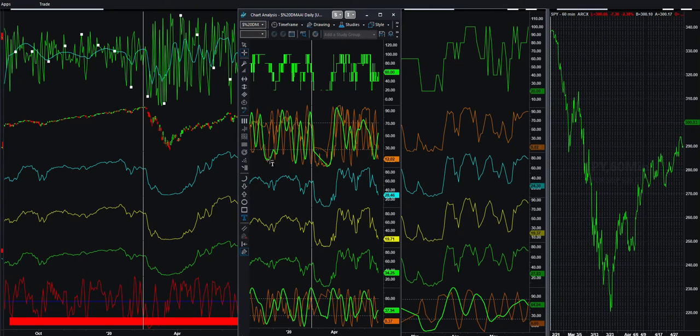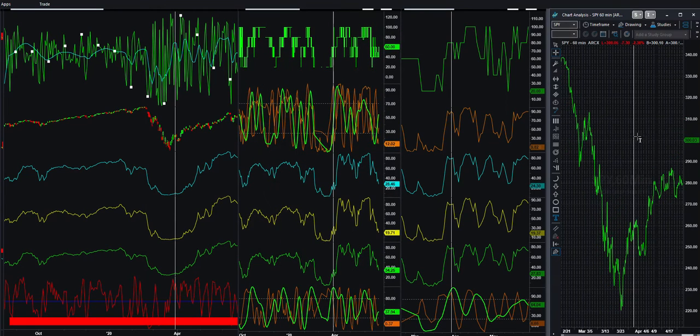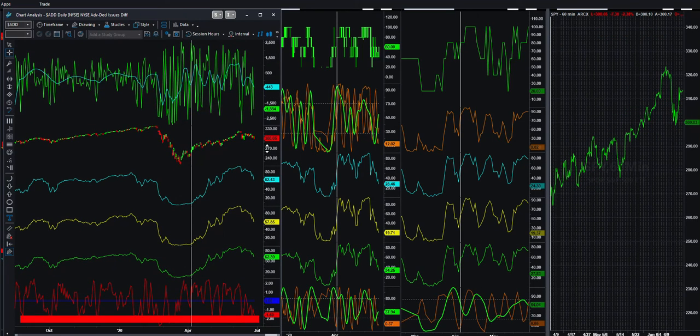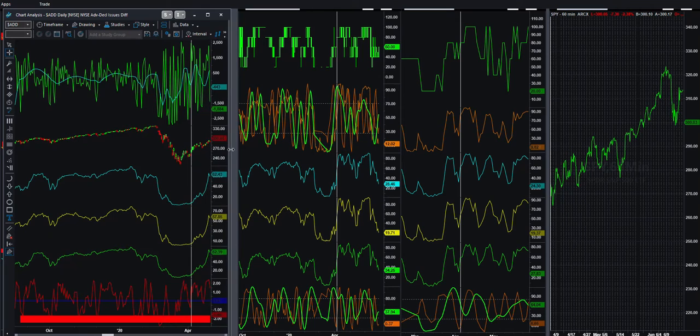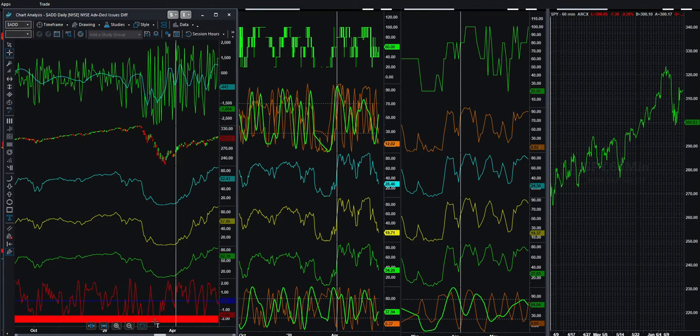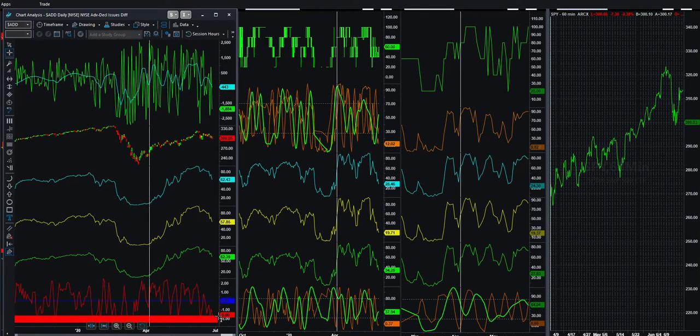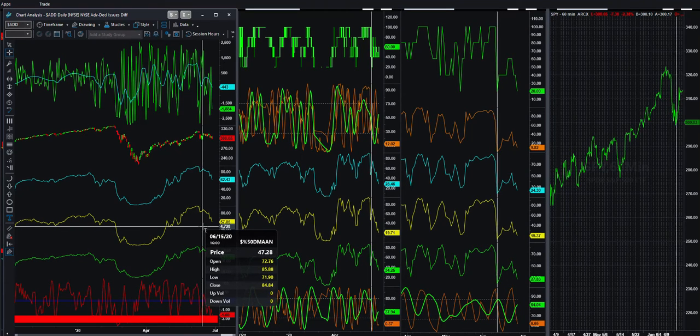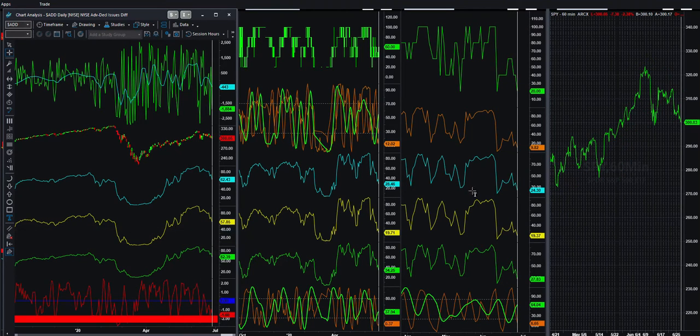So now what's going on here? Once we know the direction we want to go, then we go to our scanners and see which stocks we should be shorting. And this is where we use the overall market map, followed by the scanners.